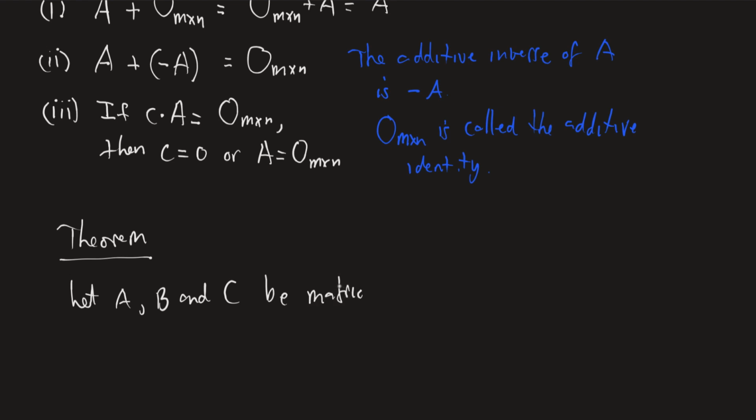Now, since we're going to do matrix multiplication, we know that's a little bit more complicated. So what I'm going to say is that these are 3 matrices that are compatible under matrix multiplication.